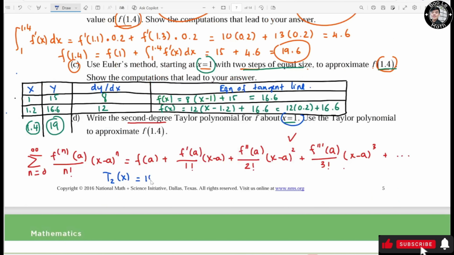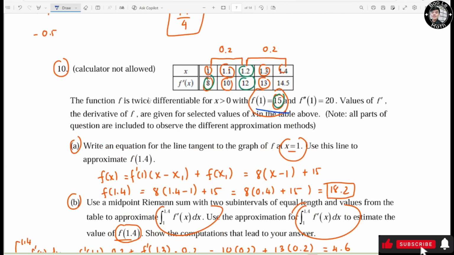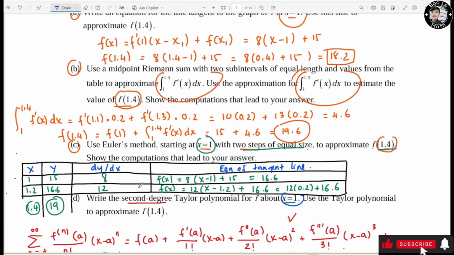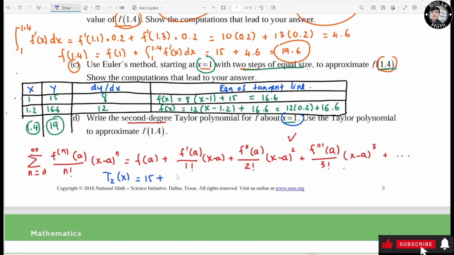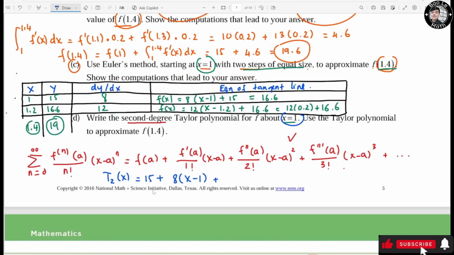So we have 15 plus f prime of 1. f prime of 1 is 8 right here, times s minus 1, plus f double prime of 1, which is going to be 20 right here. 20 divided by 2 is going to be 10 times s minus 1 squared, right?